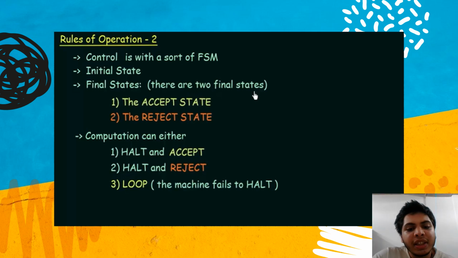It keeps on computing and it fails to stop. So that condition is known as loop. So in a loop, the machine fails to halt. So these are the conditions that we can get when we do our computation in a Turing machine. These are important things that you need to remember about the basics of a Turing machine.